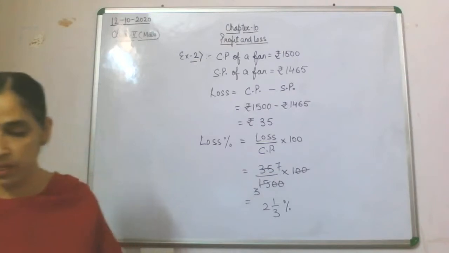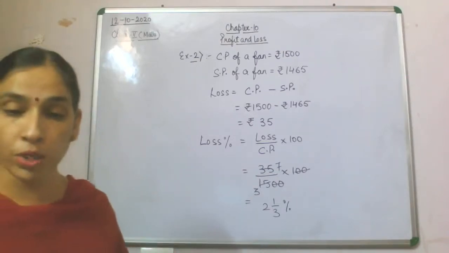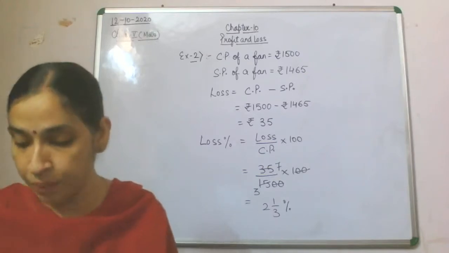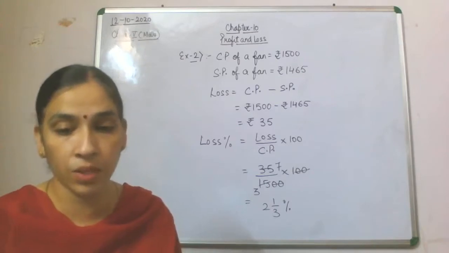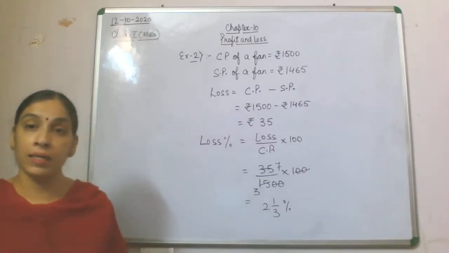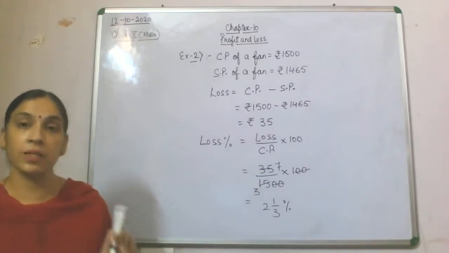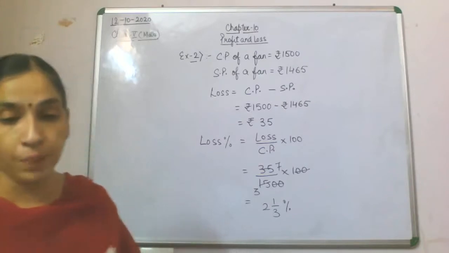So what have we seen in this question? In this question we have seen how to find the loss percent. If you have been given the cost price and selling price of that particular thing, and you are getting a loss, and the selling price is less than the cost price, how will you calculate it?